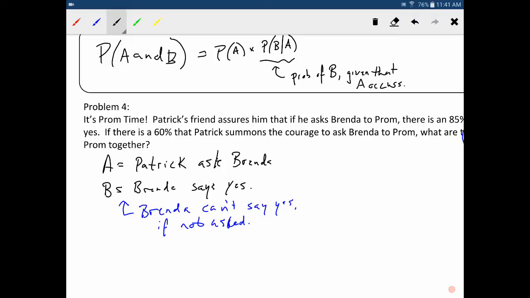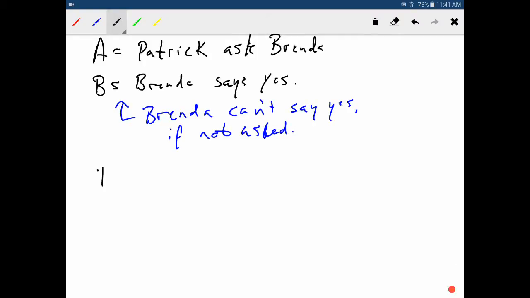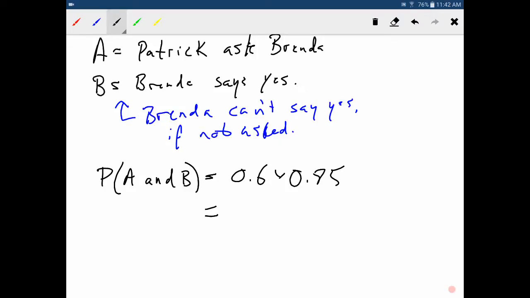It depends on whether Patrick actually asks Brenda or not, whether she will say yes. This isn't particularly challenging once you figure out what we want. So we will have the probability of event A and B, and that's going to be 0.6 times 0.85, which is just going to give us 0.51 or 51%.